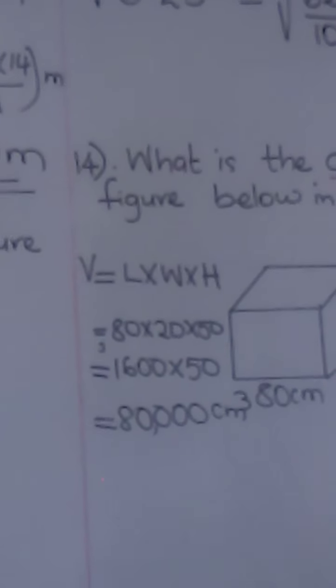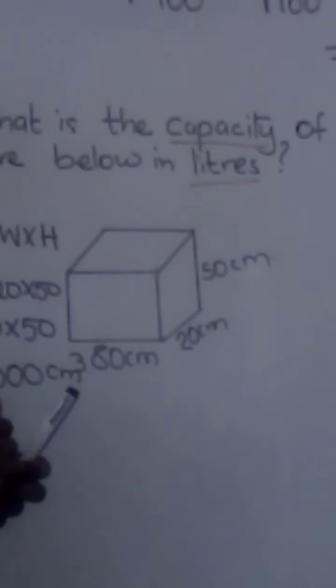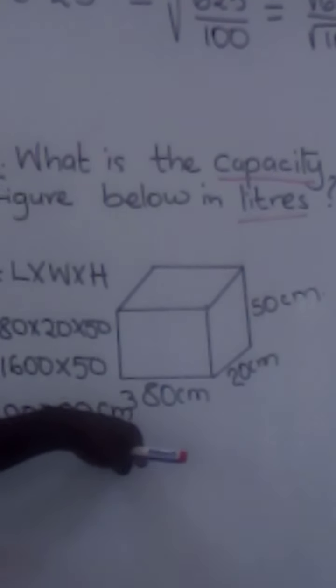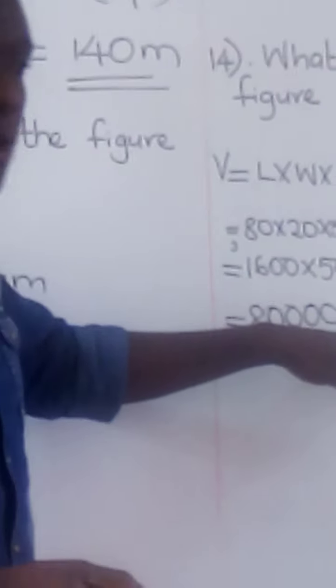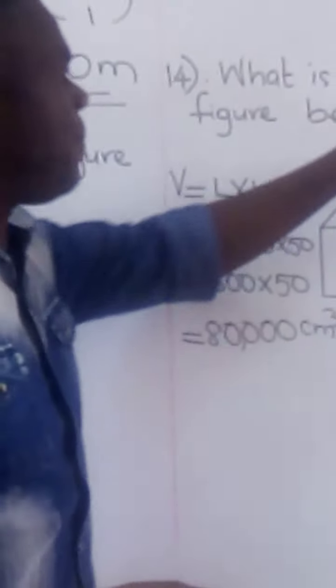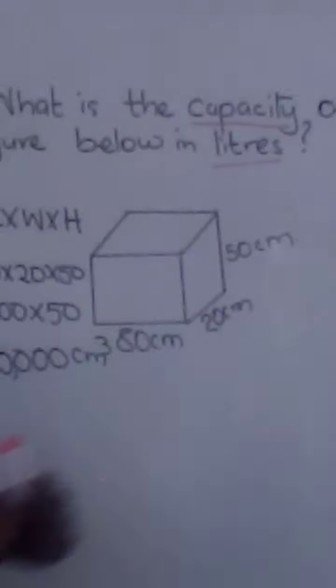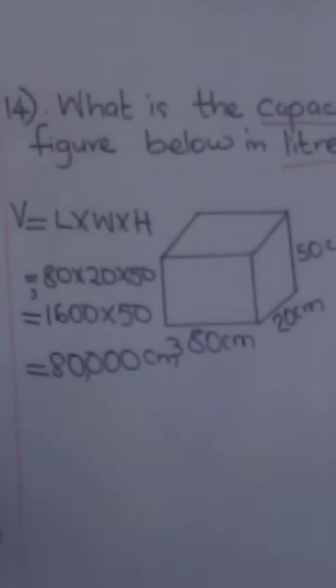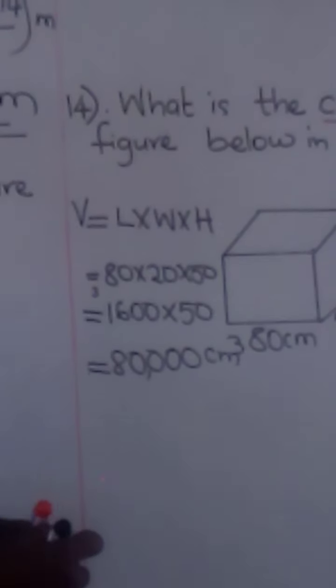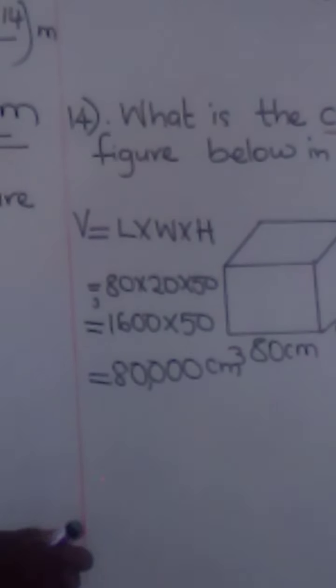We want our answer in liters because it's capacity. Remember, cubic centimeters are units of volume. But capacity is measured in liters, milliliters, deciliters, and decaliters. And so we want to convert 80,000 cubic centimeters into liters.